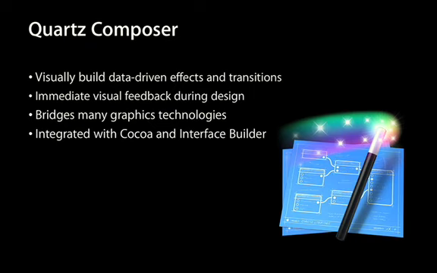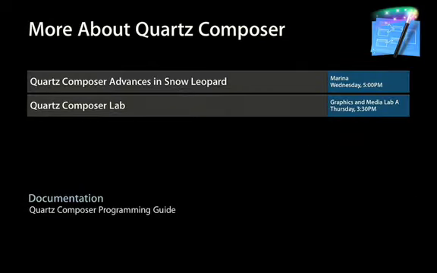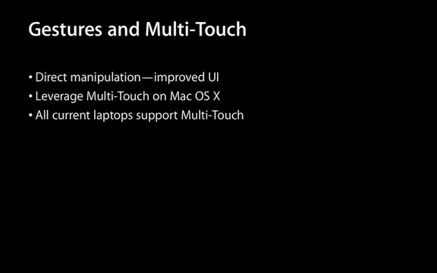You can also host your Quartz Composer content directly in a Core Animation application via CALayer. Quartz Composer Advances in Snow Leopard is taking place tomorrow in the Marina at 5 p.m. There's also a follow-on lab on Thursday at 3:30 p.m. in the Graphics and Media Lab A.